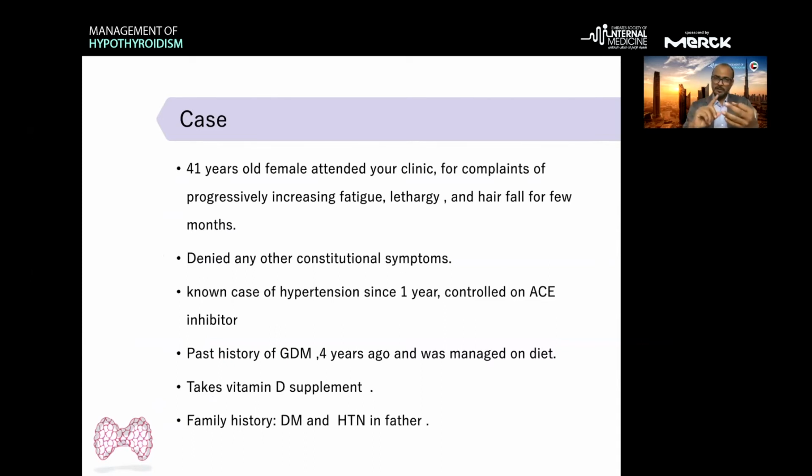She had a past medical history of gestational diabetes 4 years ago, managed only on diet. Since then, she was not started on any anti-diabetic medications. She takes vitamin D supplements regularly, and she has a family history of diabetes and hypertension in her father.